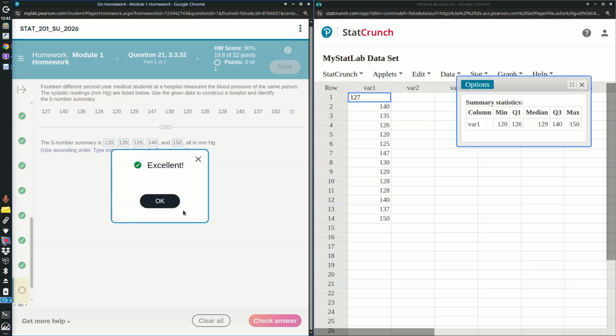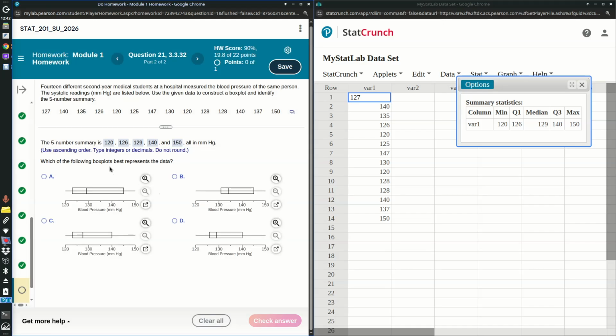Okay, check answer. Okay, so which one makes sense? Let's just try to identify some of the numbers. So 129, so basically your numbers go end of the line, and then end of the bar is Q1, Q2, excuse me. So min, Q1, median, Q3, and max.